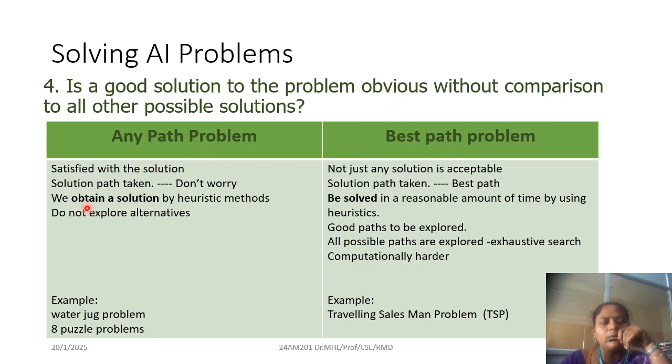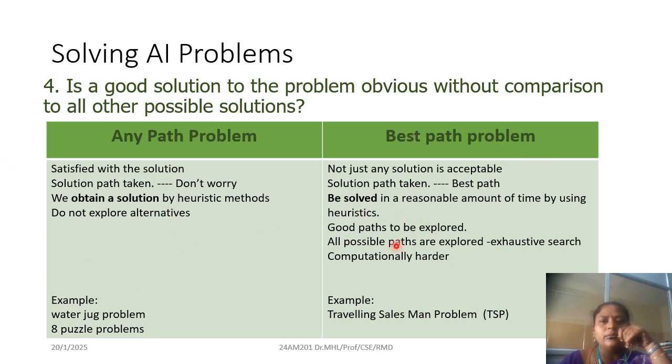In any path problem, for the solution path taken, you need not worry about the goodness or the best fitness; you don't check it. Here, you are very keen on getting the best path. In any path problem, we obtain a solution by heuristic methods. We do not explore alternatives.